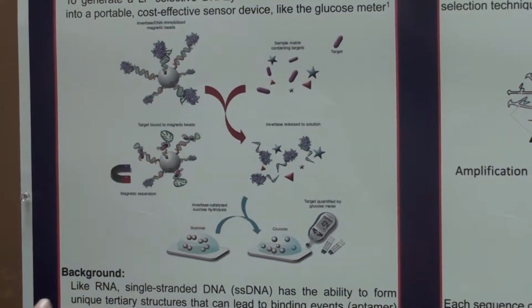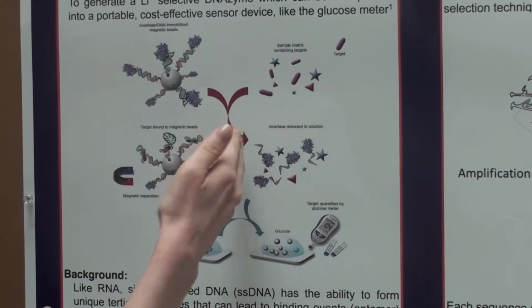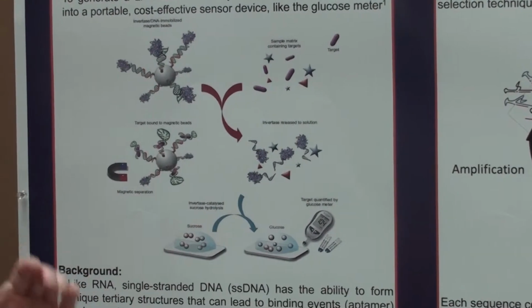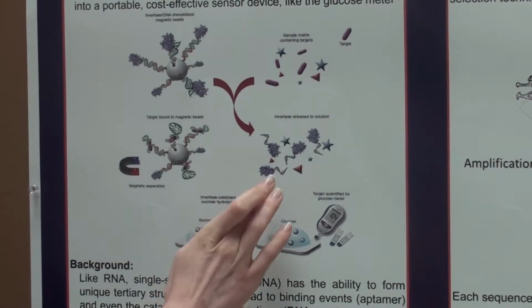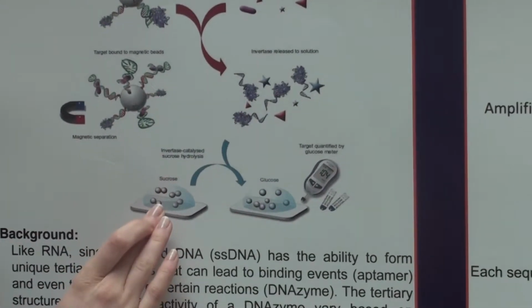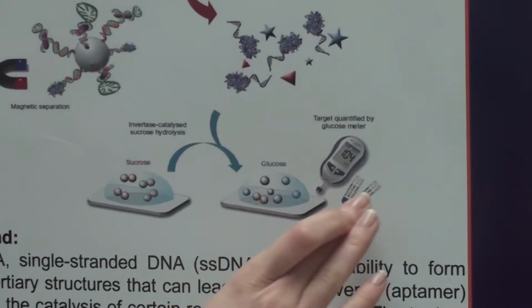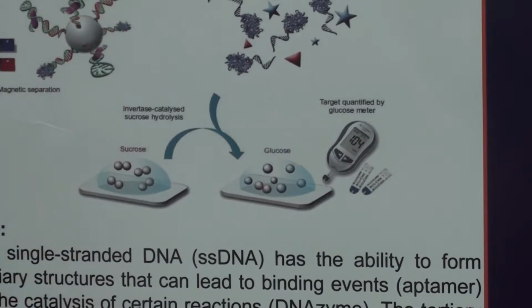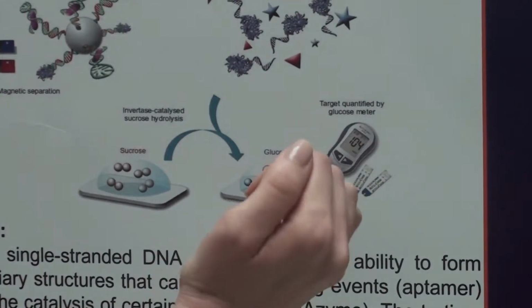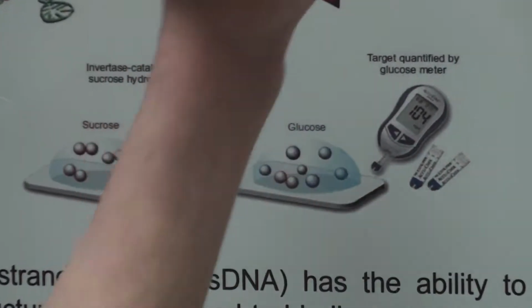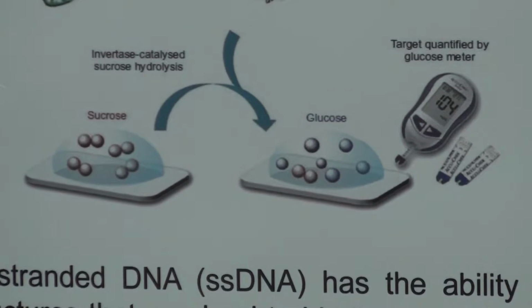When this DNA strand is introduced to the target, in my case lithium, it causes a release of the invertase protein, and that invertase can then change sucrose into glucose. The glucose meter will read glucose, but it will not read sucrose. In that way we get a direct correlation between the glucose sensor reading and the amount of target that we initially have.